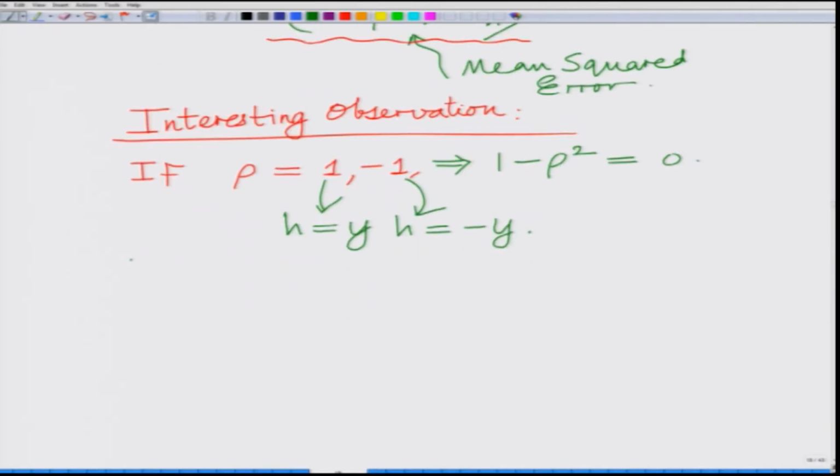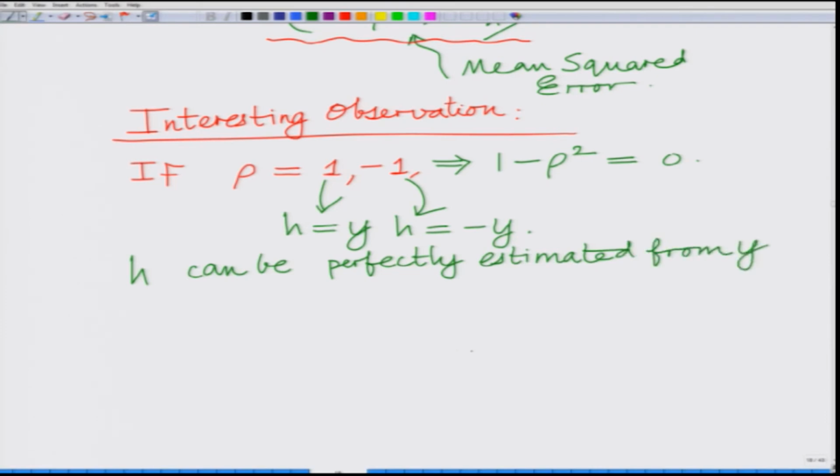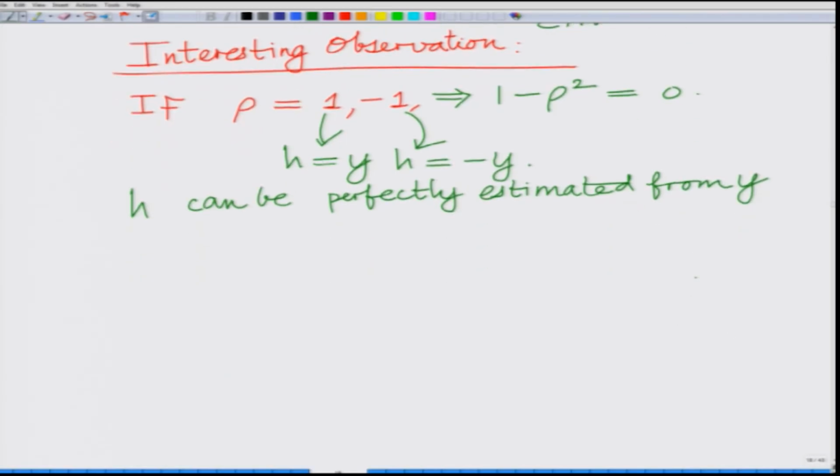So, a colloquial way of saying it is H can be perfectly estimated from Y since the correlation is -1 or 1. Okay, if the correlation is 1, H is equal to Y. If the correlation is -1, H is equal to -Y.